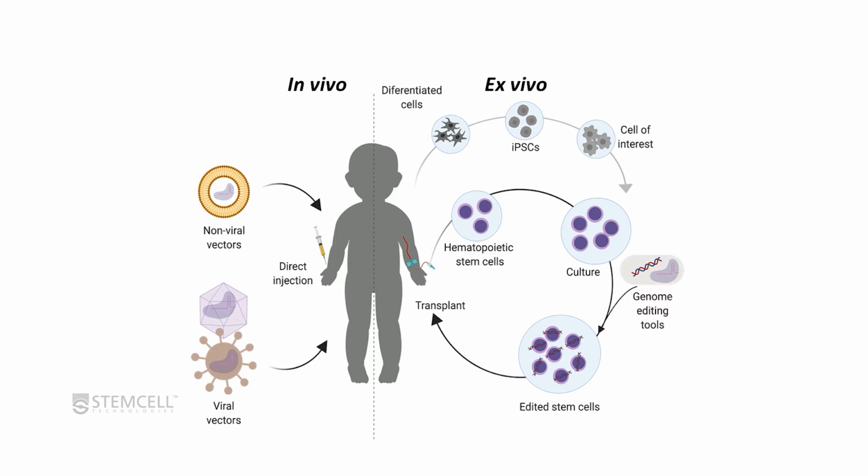In the ex vivo modification, the target cells might be isolated and available for transplantation, and consequently, they have to be central to the disease you're going after. For the most part, therapies that are targeting hematopoietic stem cells are done ex vivo, as shown here on the right. The main advantage of using an ex vivo approach is that you have control over the cells that you're targeting, which you don't if you just inject these components in vivo.